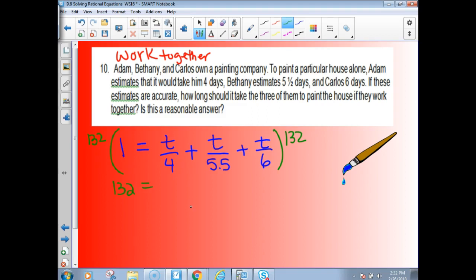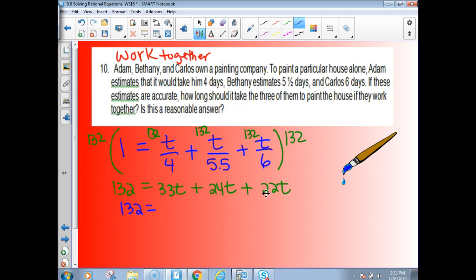All right, so what's 132 divided by 4? 33. Thanks, 33t. Now we got to figure out what 132 divided by 5.5 is. 24. Imagine that. It's 4 times 6. Plus, what is 132 divided by 6? It should be 22. It's actually easier to do with that number and do it in your head than if you didn't. So I got 132 equals, and I got to add these terms.